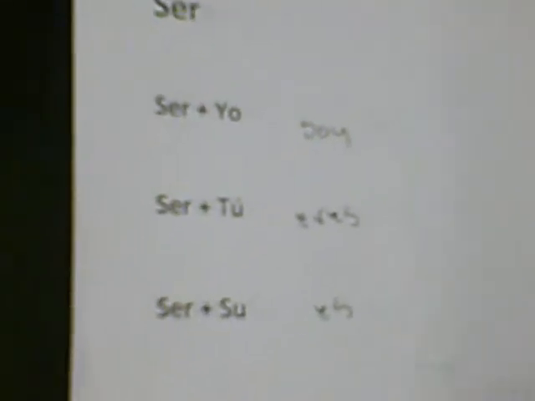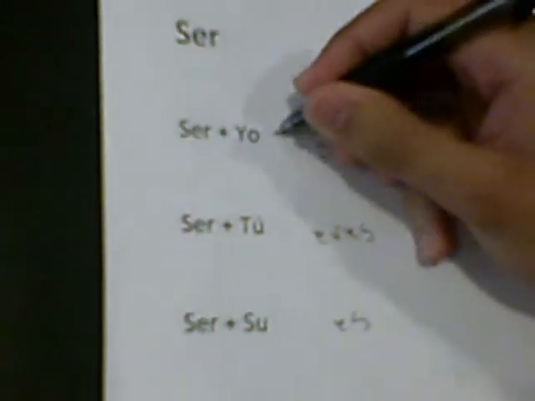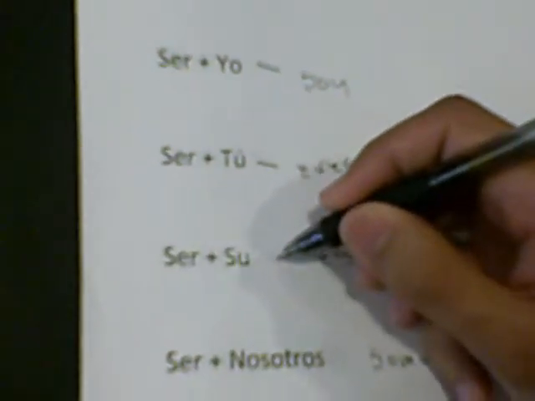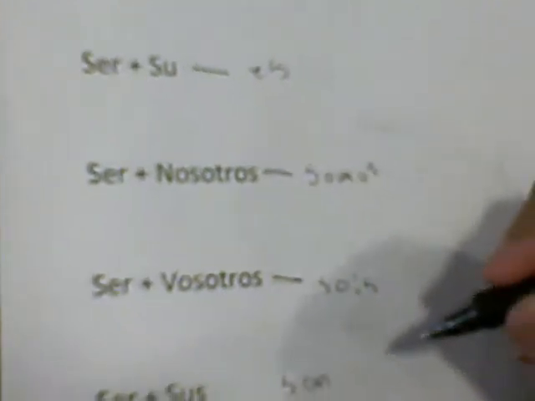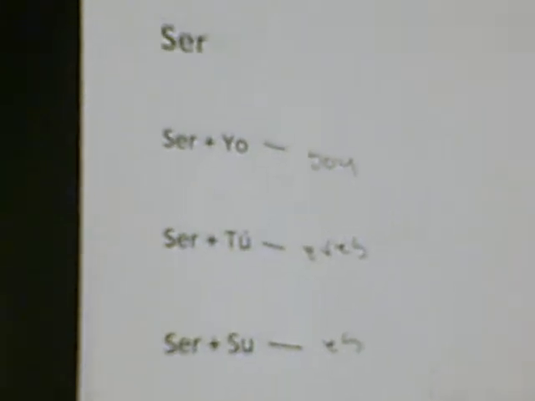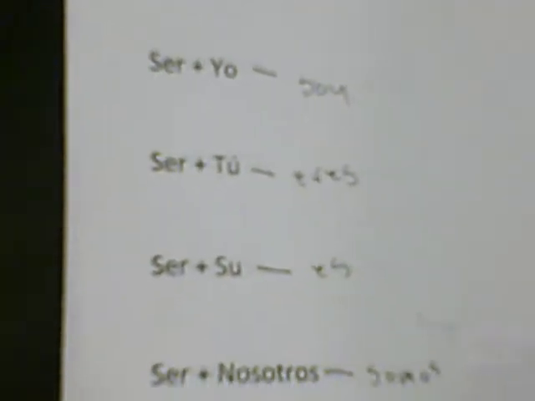When conjugated, ser looks like this. As you can see, these verbs are all very different from regular verbs, and from each other. Hence the name irregular verbs.